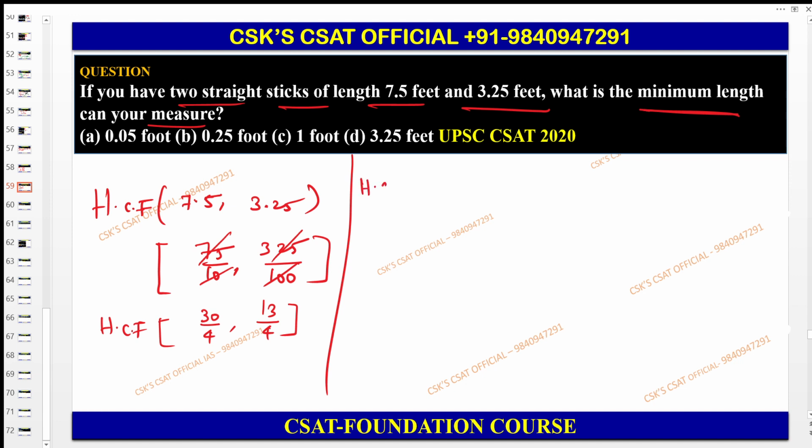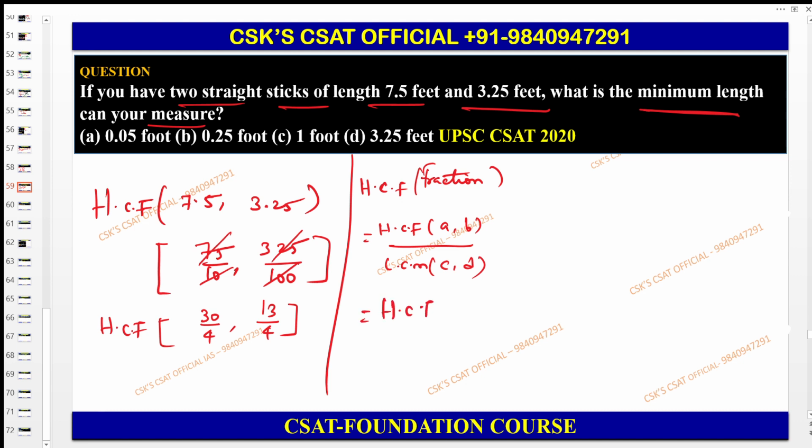It is in the format of a comma b, in the format of fraction. If it is in the fraction, what you have to do, you need to take HCF for the numerator, you need to take LCM for the denominator.